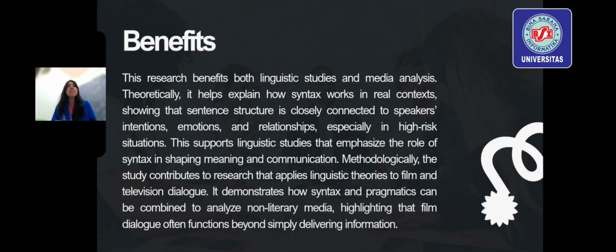It demonstrates how syntax and pragmatics, which I also use as an approach in my research, are connected to each other and how important these two parts are in the dialogue.